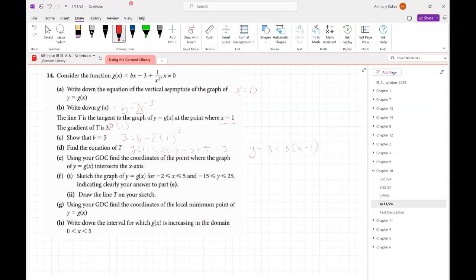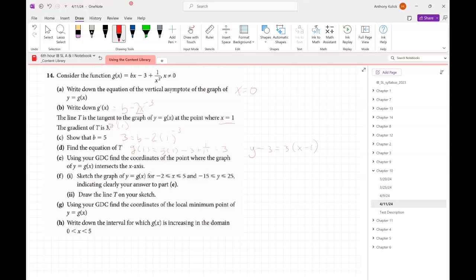It might have even been great to have read question F1 before I started doing part E, since it gives you a window to view the graph on.